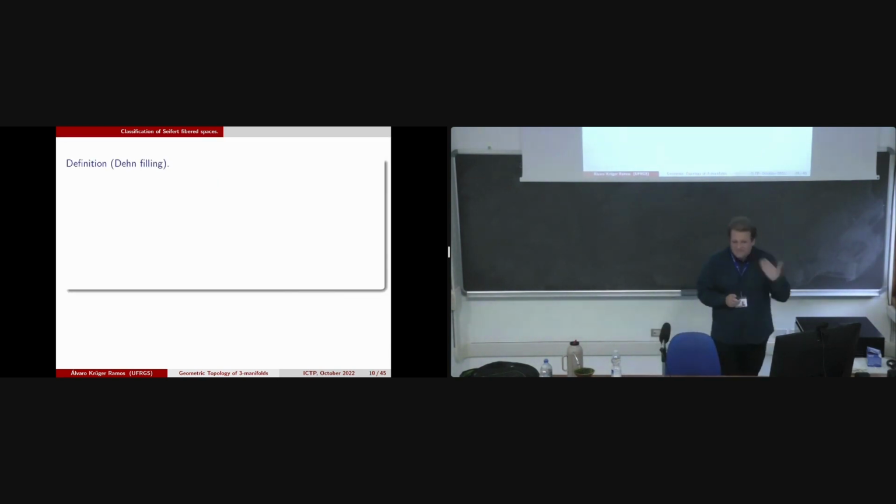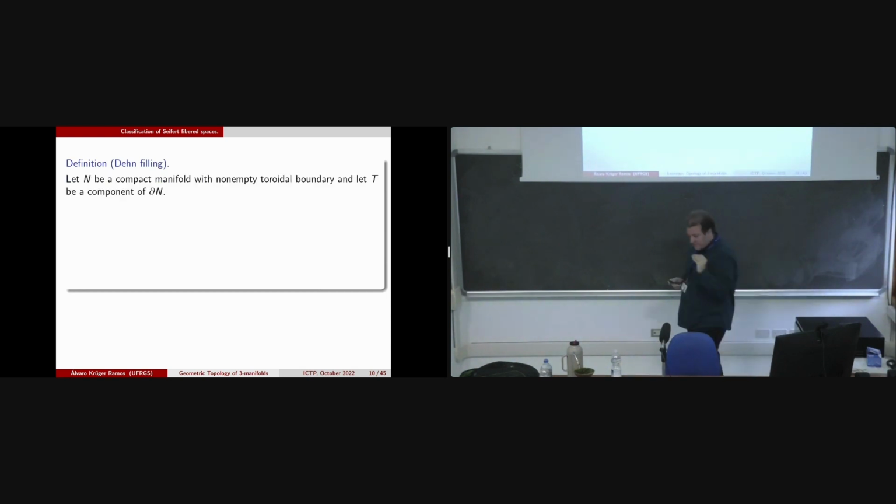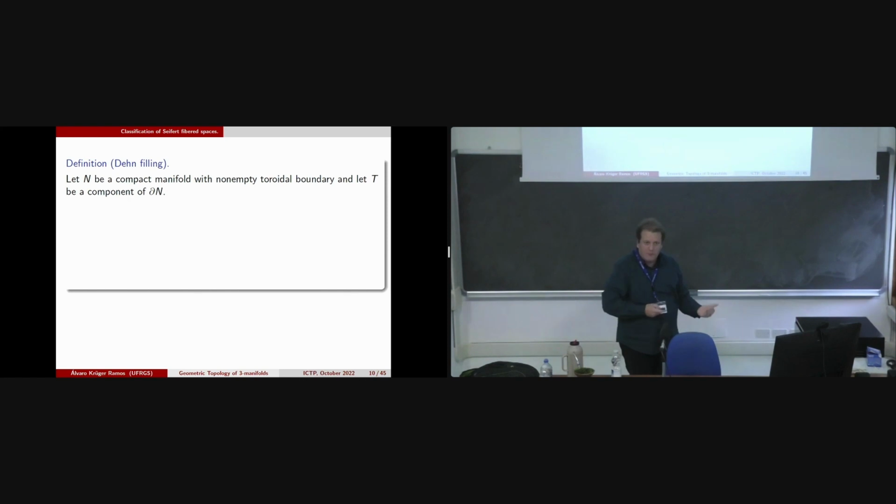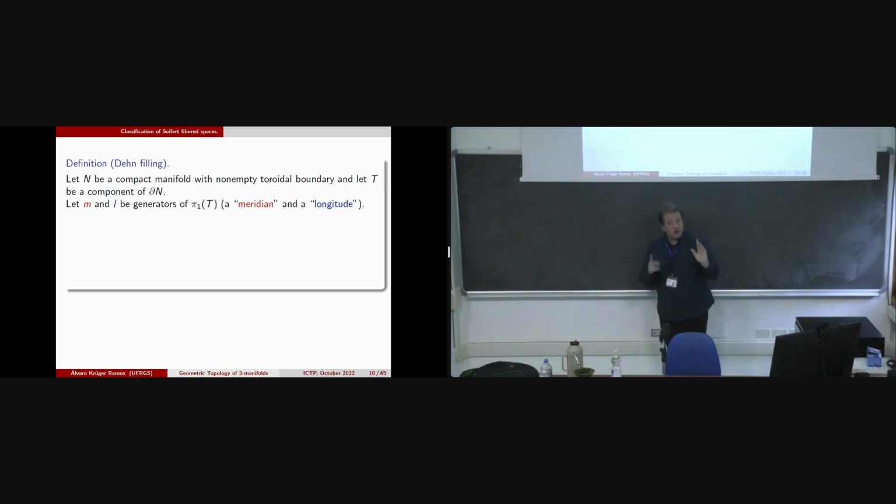Now we can give the definition of Dehn filling. So let N be a non-compact manifold with toroidal boundary, one torus component. You choose one of the components in the boundary of the manifold, and you choose something to be called a meridian, something to be called a longitude.